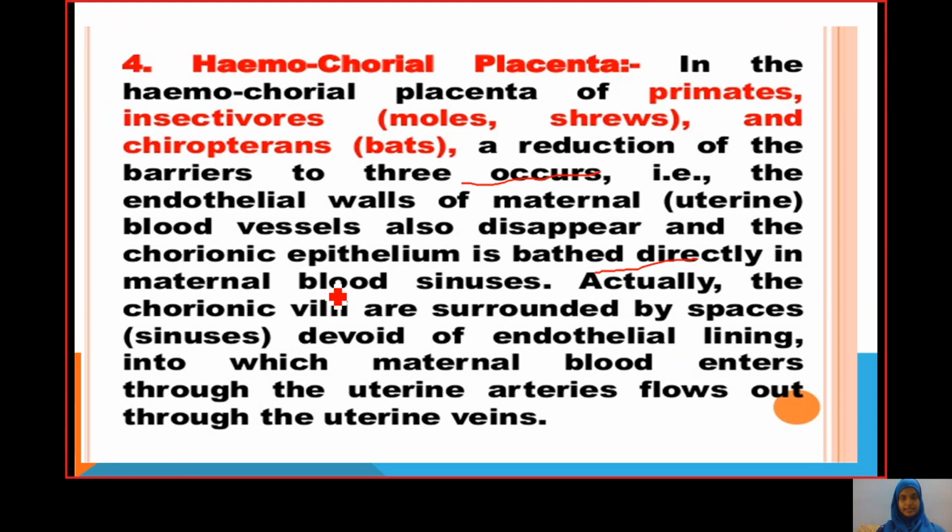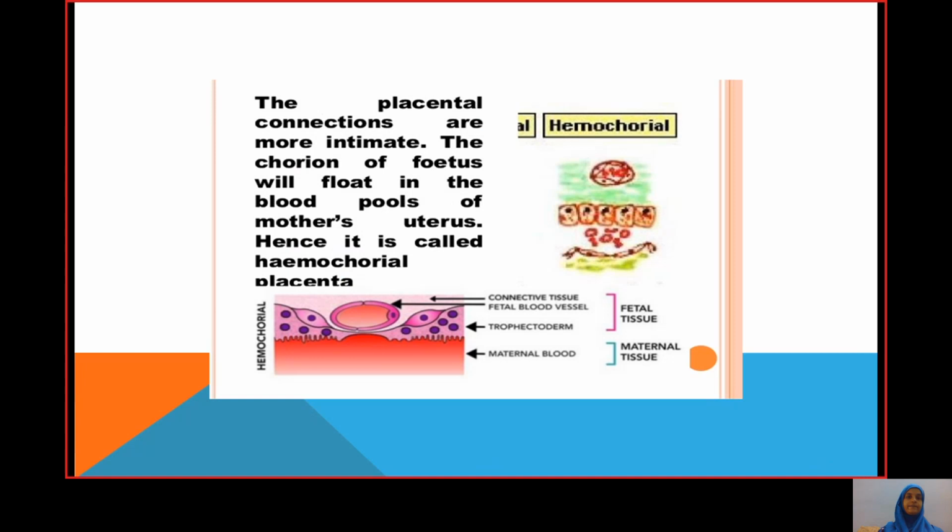In blood sinuses, it directly bathes and takes the food materials. Actually, the chorionic villi are surrounded by spaces devoid of endothelial linings, into which maternal blood enters through the uterine arteries and flows out through the uterine veins. This is called the hemochorial placenta. Blood is directly bathed on the chorionic villi.